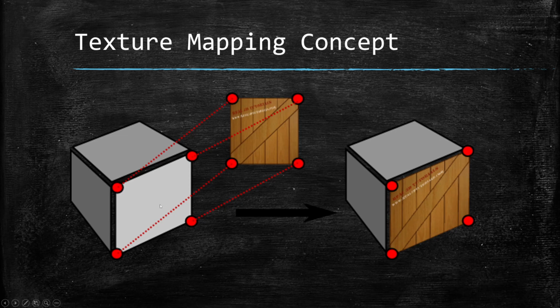And as far as the texture mapping concept is concerned, if we have an image, and it's mapped to UV coordinates on the side of a polygon, then it is projected onto the box as seen in this photo here.